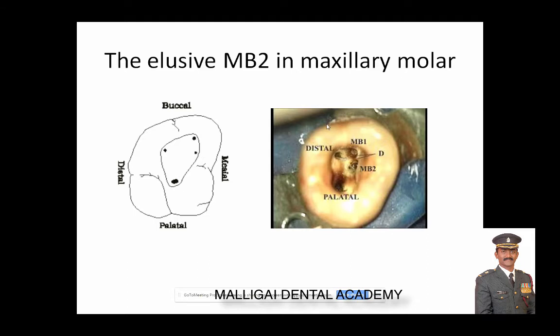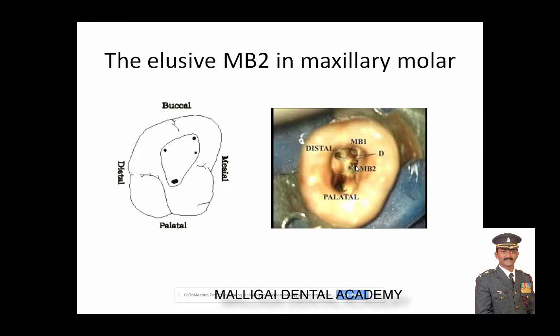If you look at the real picture of a tooth, if you've located your palatal and if you've located your MB1, draw a line joining these two. Slightly mesial to the line joining the palatal and the mesiobuccal 1, closer to the mesiobuccal 1, is the mesiobuccal 2.